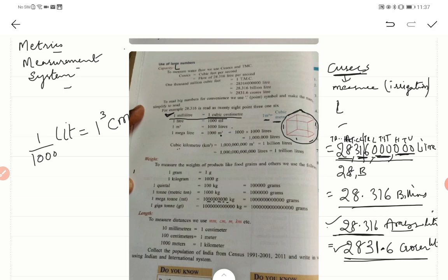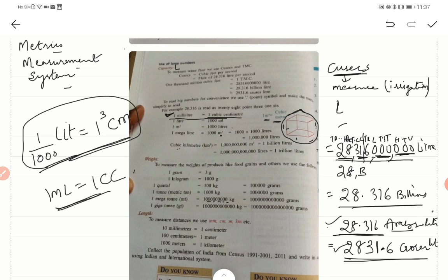So the capacity of a 1 centimeter cuboid is equal to 1 milliliter. This is the relation between liter and cuboid capacity. So 1 milliliter is equal to 1 cc, remember this.